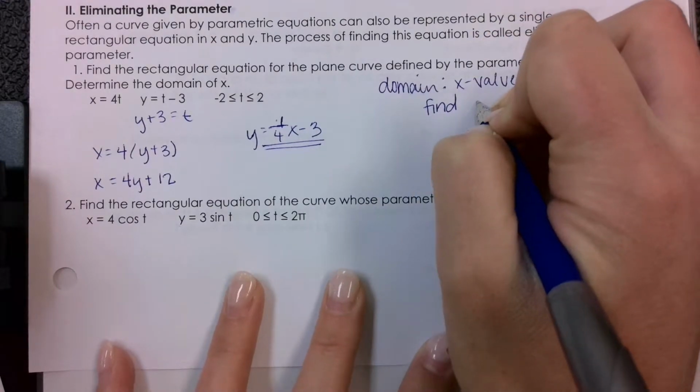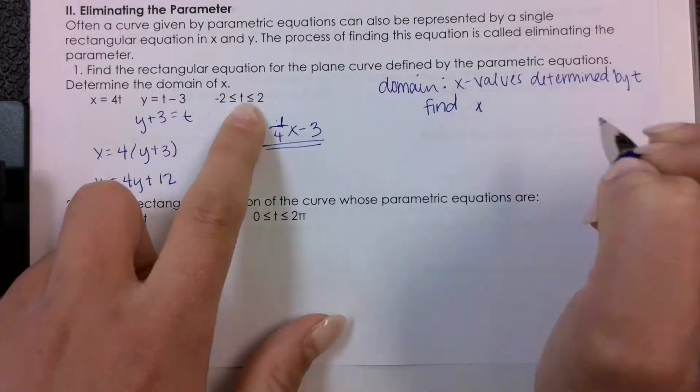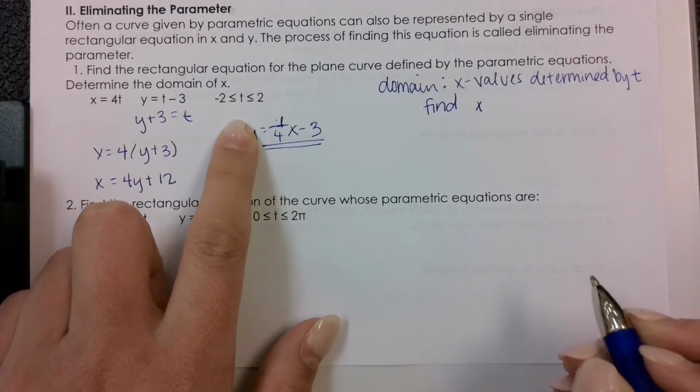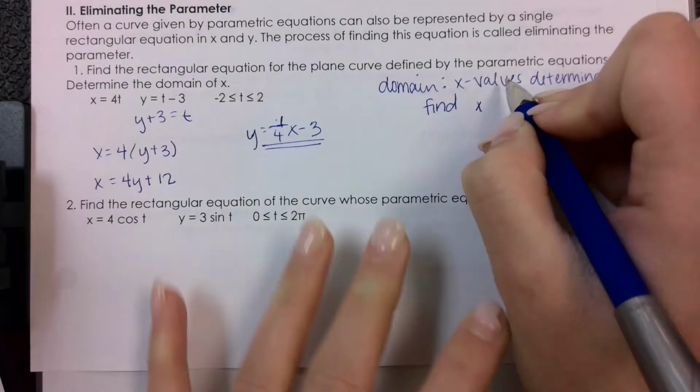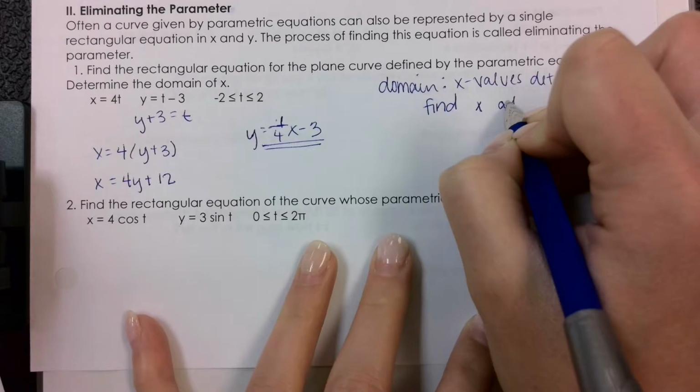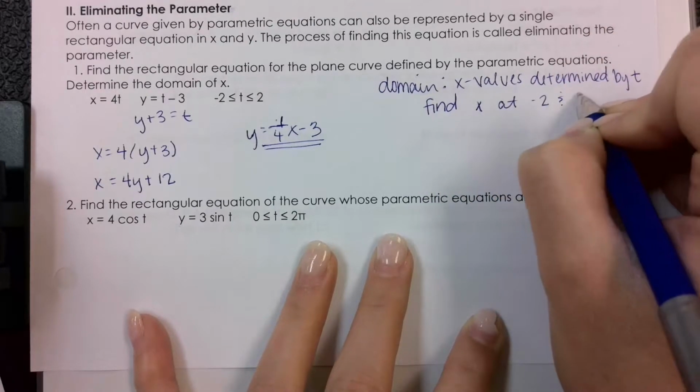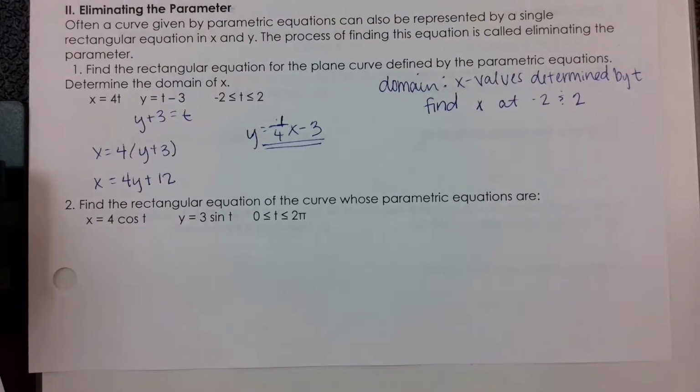So we're going to find the value of x at 2 and negative 2, since that's the domain they gave us for our t's to start with. And since it's just a linear function in between there, we don't have to worry about anything funky happening.